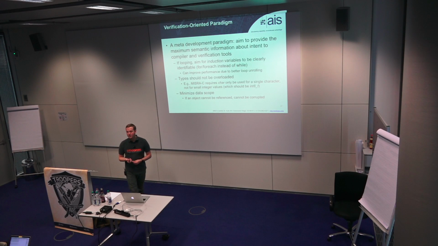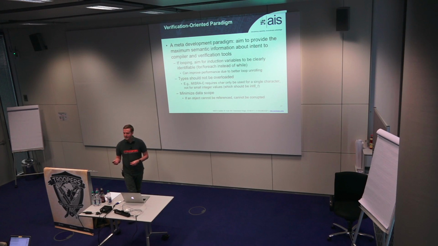So I'm looking for moving towards a verification-oriented paradigm. So you have object-oriented paradigms, you have functional programming. This is kind of on top of that, where basically you're trying to see how you can fit the most amount of semantic information and be the most specific you can in order to do the task at hand.